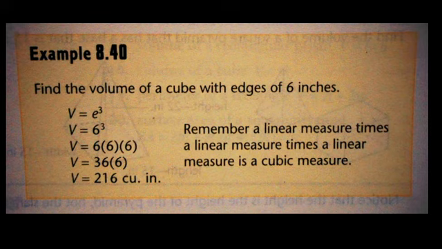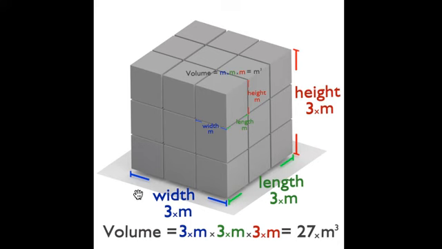Now we have here another example of getting the volume of a cube with edges of 6 inches. The edges means what's going to be the length of each edge. This is the edge, this is another edge, and all of the edges are going to be exactly the same. So you have many edges in the cube, but all you want to know is going to be the width, the length, and the height.